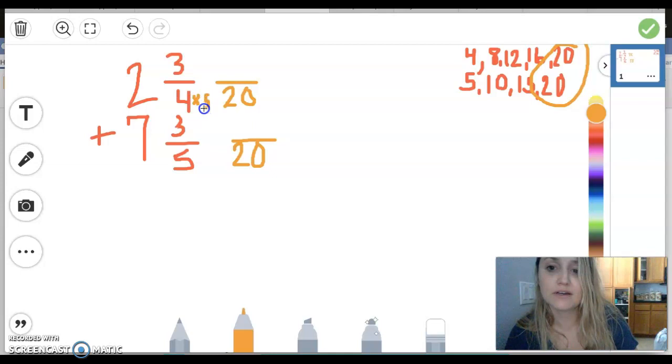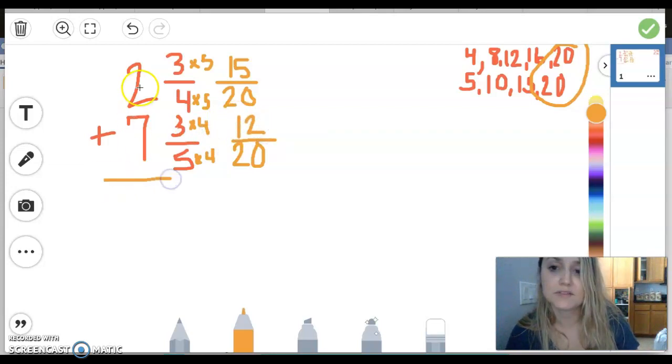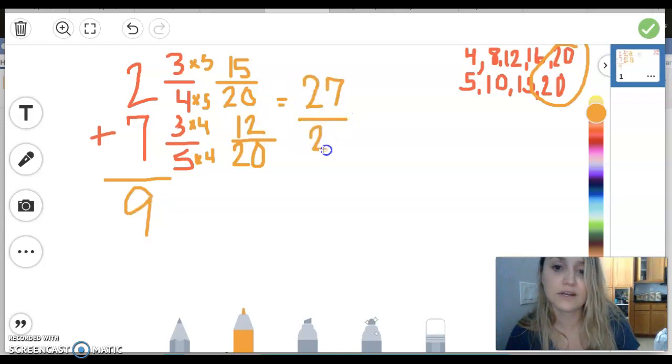Whatever you do on the bottom, you must do on the top. Okay, so 2 plus 7, well, yep, 2 plus 7 is 9. Also going to come over here, and I have 27 over 20.